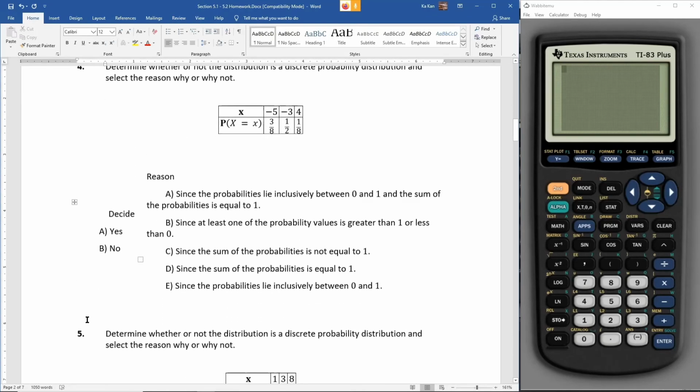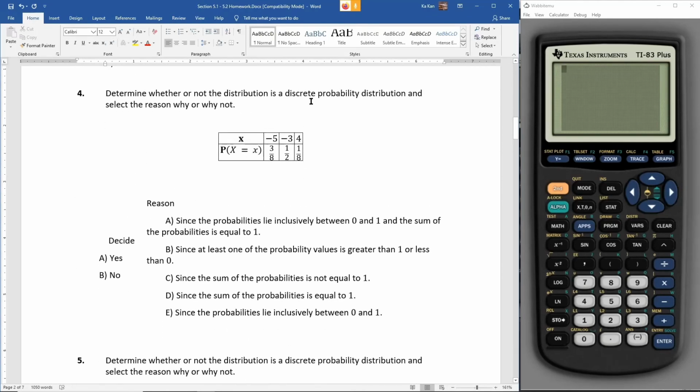Determine whether or not the distribution is a discrete probability distribution. There are several things you have to think about here. First, do they have the proper x value and the probability value? We do. But what is the key reason why it would be a probability distribution or not? You have to add these three together.